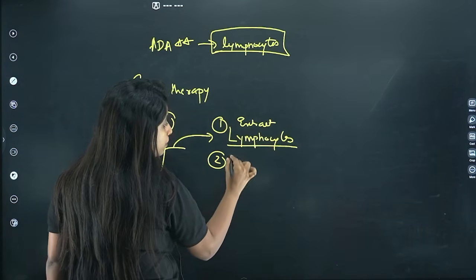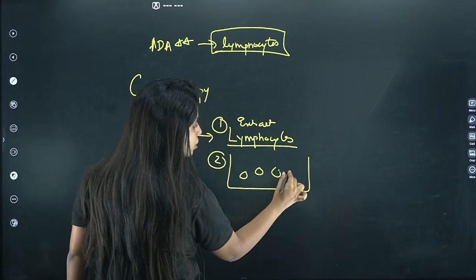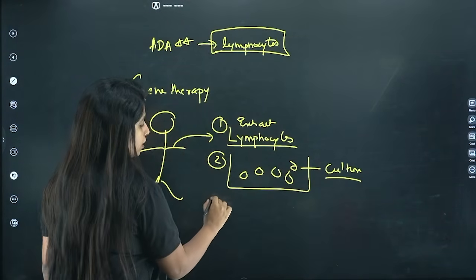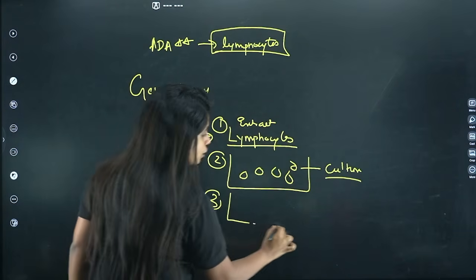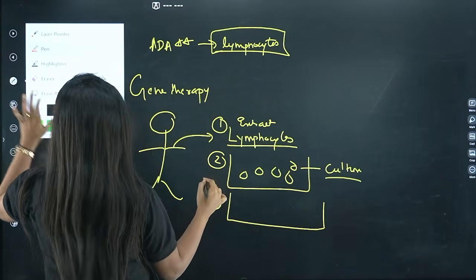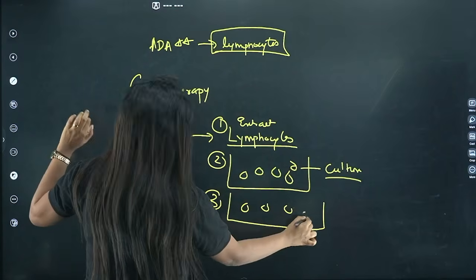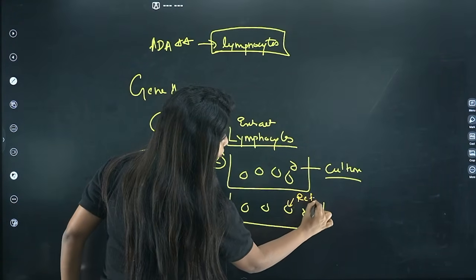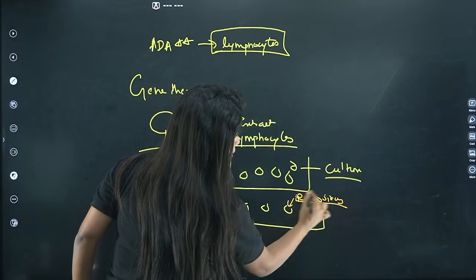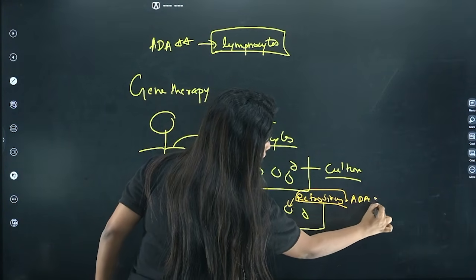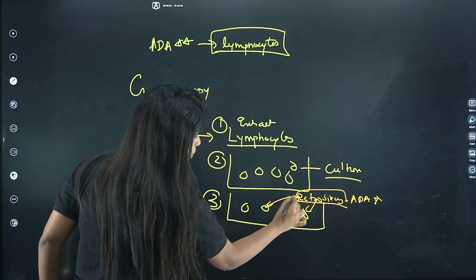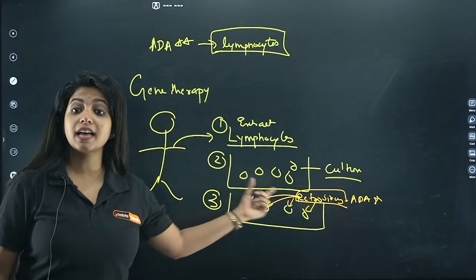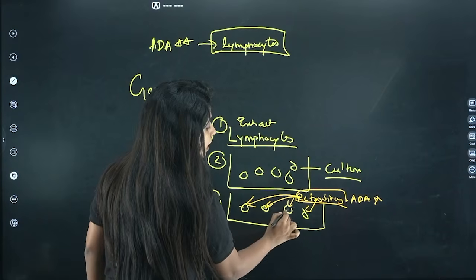The second thing, we make sure that the lymphocytes are cultured. We increase the number with the help of the culture method. Now after that, with the help of some retrovirus which carries our gene of interest, that is the ADA gene, we make it infect all the cells, which is how the cells have now got the ADA gene.